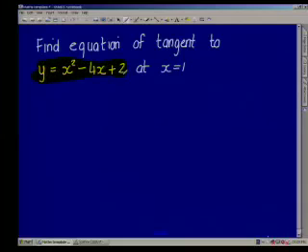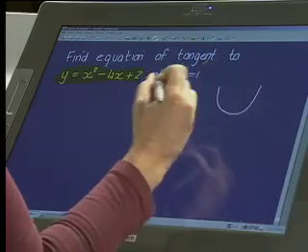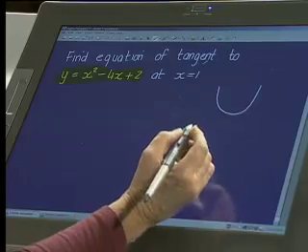It happens to be a parabola, but that is actually arbitrary. It makes no difference. What we do know, though, is that if it were to be drawn, it would be a happy parabola, and we are wanting the gradient of the tangent at x equals 1. So if we were to put in a tangent wherever x is 1, this is how we're going to go about it.